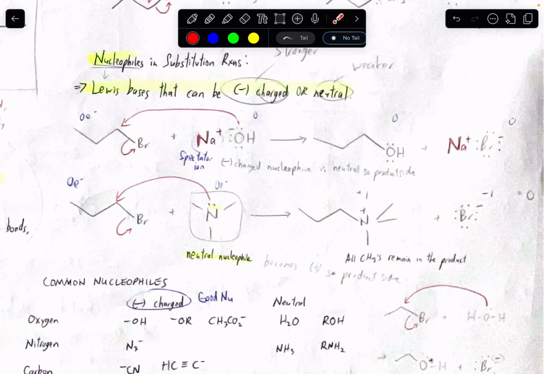So when you place an arrow coming from the nucleophile to the carbon connected to the leaving group, I think that's called the alpha carbon. Wait a minute, let me just confirm, just to be 100% sure. Okay, so yes, connected to a functional group.